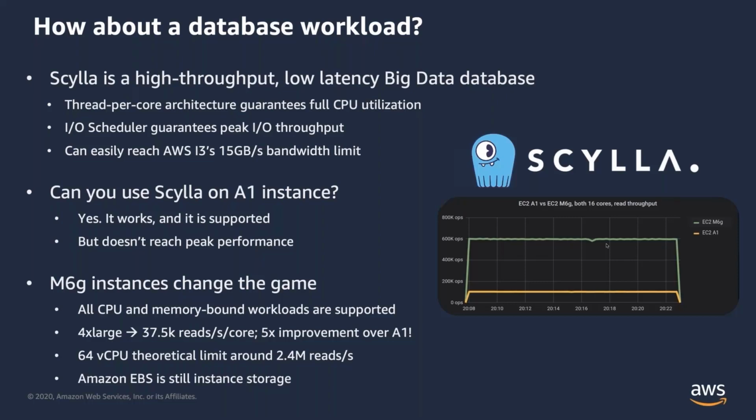The instances are way bigger, so they got a 5x improvement compared to A1. And they're now with M6G close to the theoretical limit that they consider for their database. The bottleneck is now on the EBS side. And the good news is that we will release in the coming weeks instances with additional instance storage based on SSDs, the M6GD, which is going to make ScyllaDB even faster.